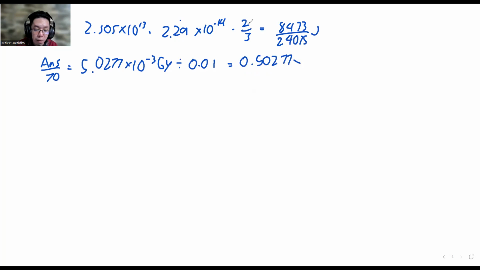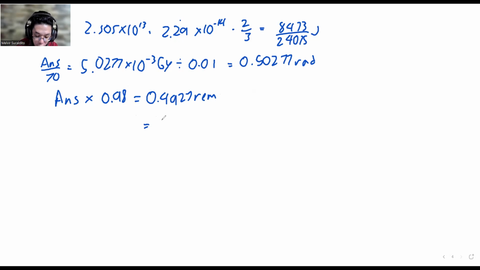So 0.35189 joule. Joule per kilogram, so I divide it by 70. Now I multiply by 0.01.